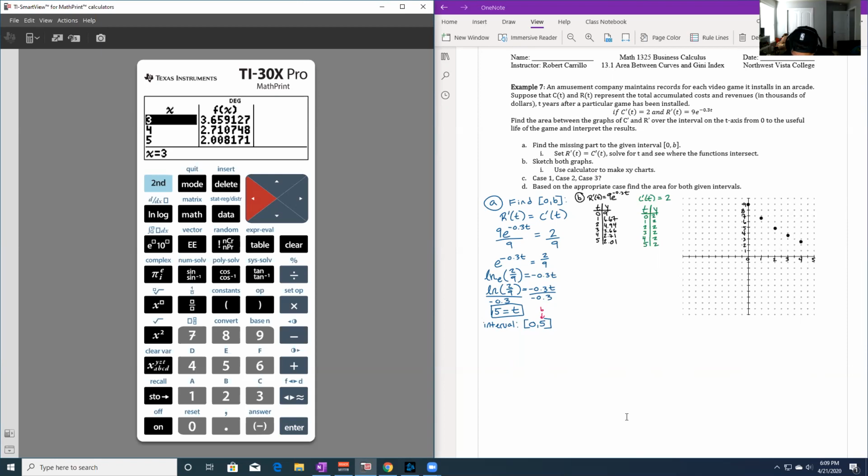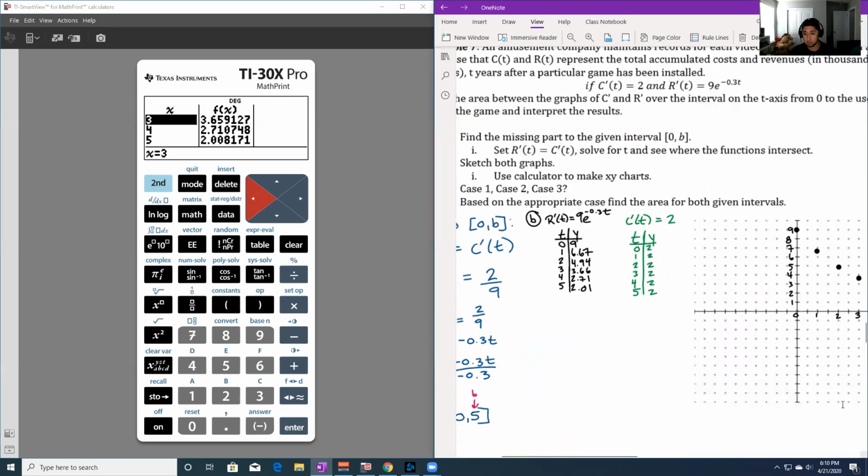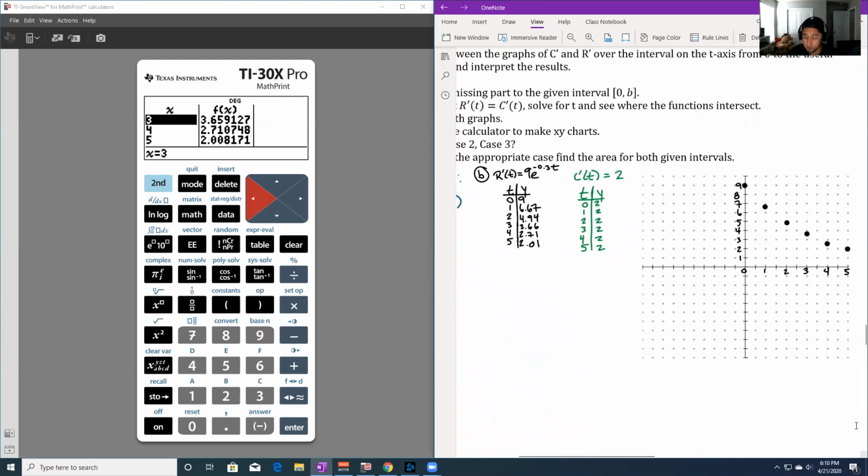And 5 and 2.01, so basically at 2. Okay. So this is what we look like so far. So your r prime of t looks like this. There's r prime of t. Maybe curvier. Okay.